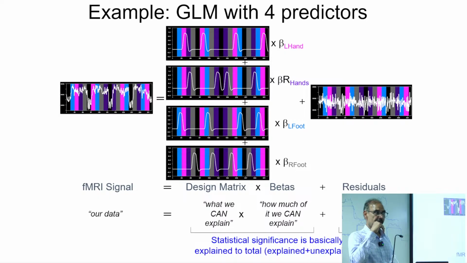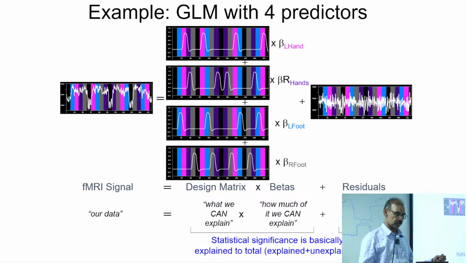Any guesses? Right, 9, good. So what were those? The motion parameters and then drifts, right, and a constant term. So the residuals is basically what we cannot explain, but these are not of interest. We are just trying to model this signal. Okay, is this clear to everyone?